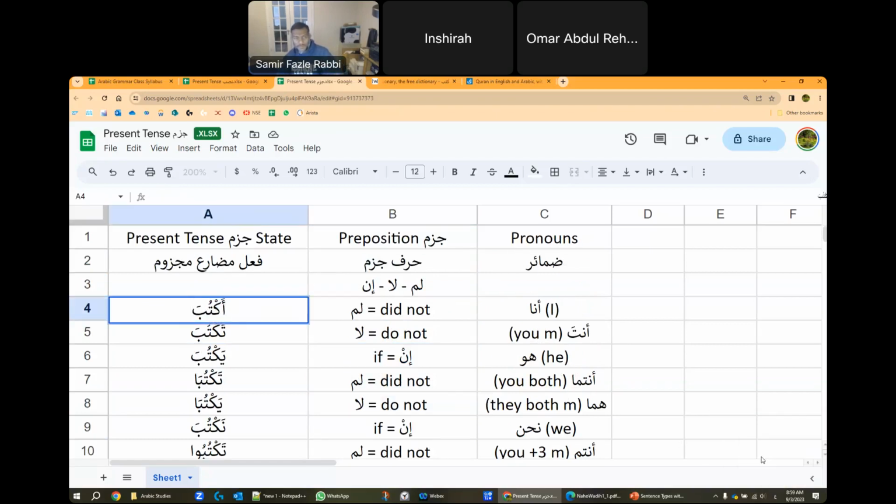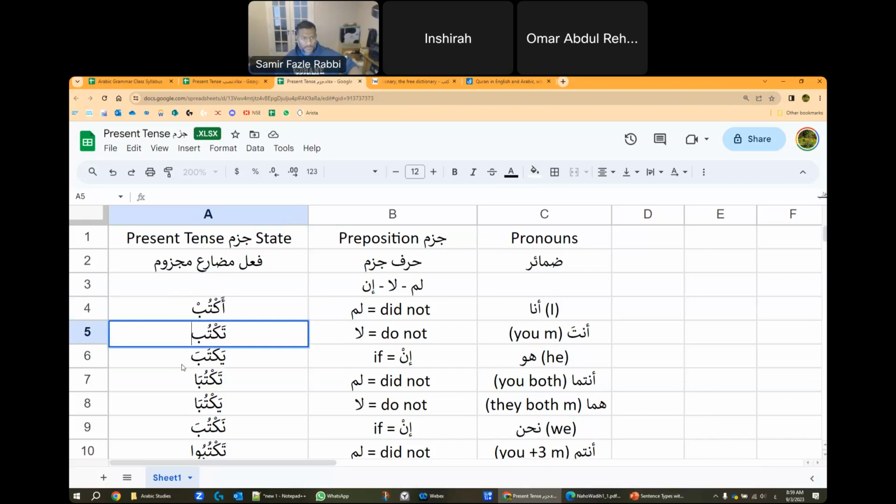So this is quick. Watch. We're going to change this, instead of being aktuba for lan or aktubu for marfu', now we're just going to put a sukun here. Boom. Now we're going to do the same thing here. Change this to sukun. Sukun.